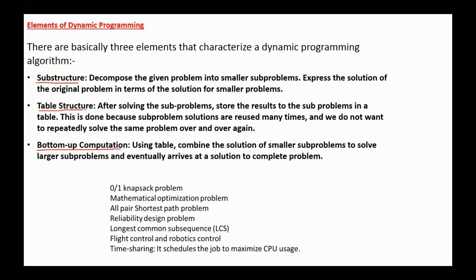Regarding the table structure component, after solving the subproblems, store the results of the subproblems in a table. This is done because subproblem solutions are reused many times and there is no need to repeat the solution for the problem several times.